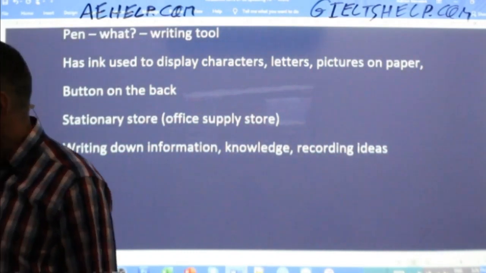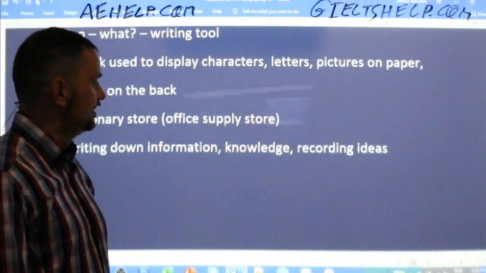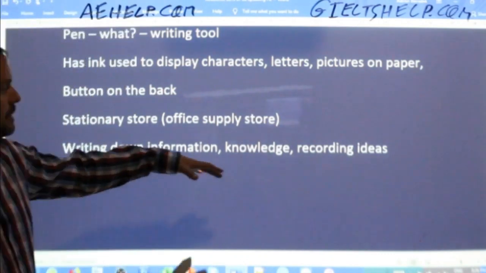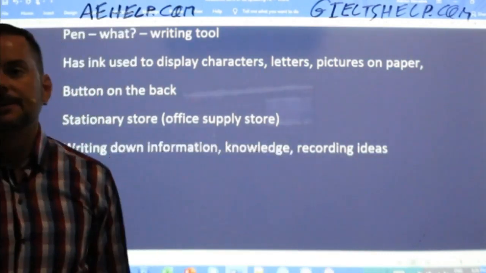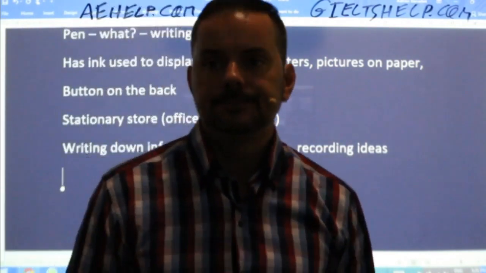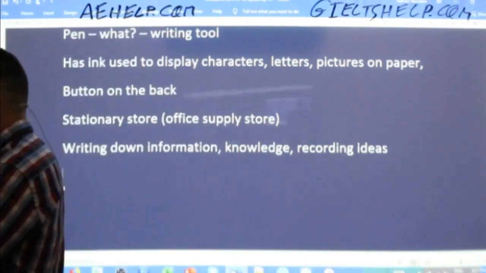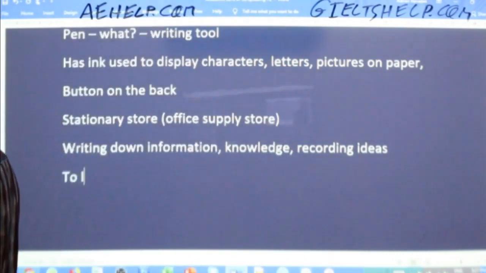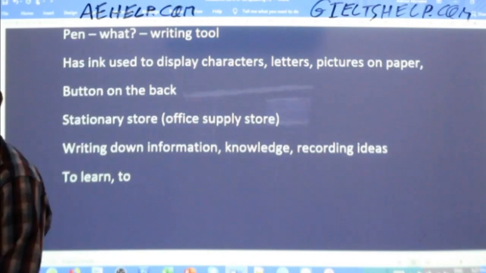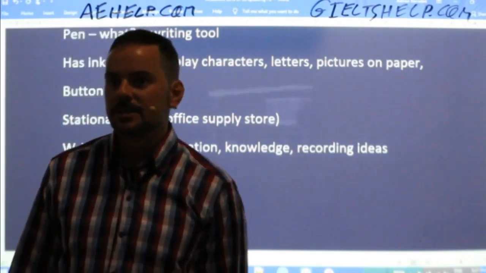Now, why is it important to you? What is its importance? So you can use it for writing down information, recording ideas. Why is it important for you? To learn, for signatures, sure, sentimental value.